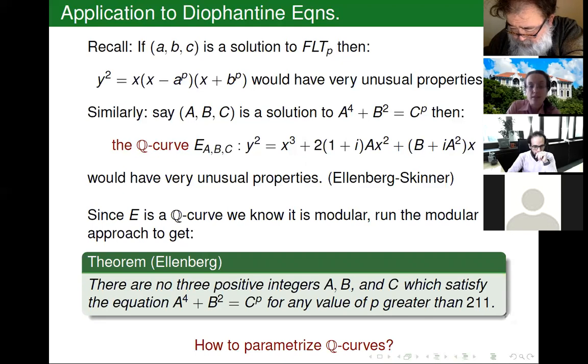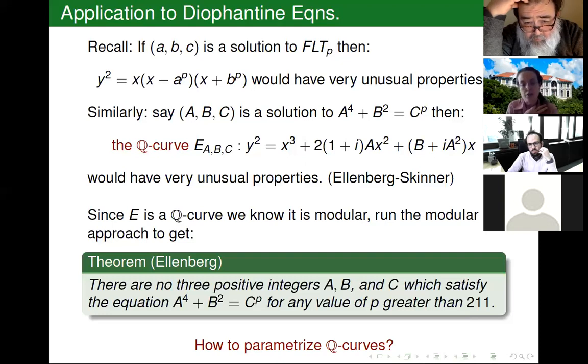So this is just an example of why Q-curves are of help in these types of questions. We don't know the full modularity, but we know something is modular. So why not use that something to get information about some types of Diophantine equations.